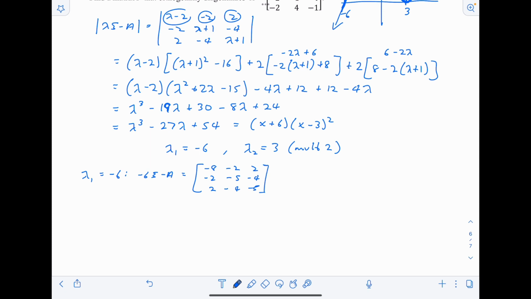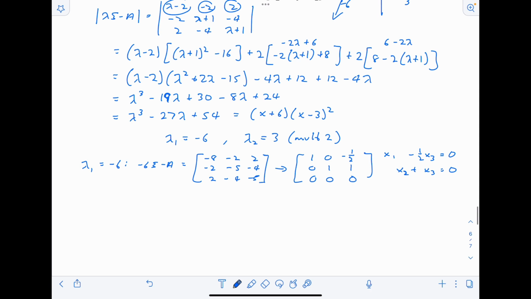Matrix, not determinant. Again, we want to row reduce these all the way. So again, just use technology to do this. 1, 0, -1/2. 0, 1, 1, and 0, 0, 0. So in this case, we have x1 minus 1/2 x3 equals 0, and x2 plus x3 equals 0.